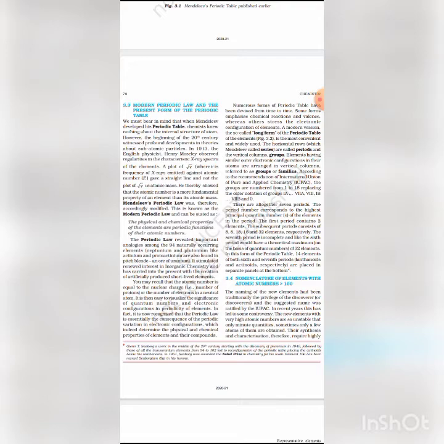D block elements, the transition elements, belong to groups 3, 4, 5, 6, 7, 8, 9, 10, 11 and 12 together. F block elements, placed at the bottom of the periodic table, are called F block elements.